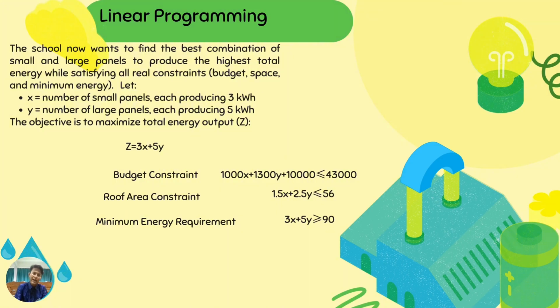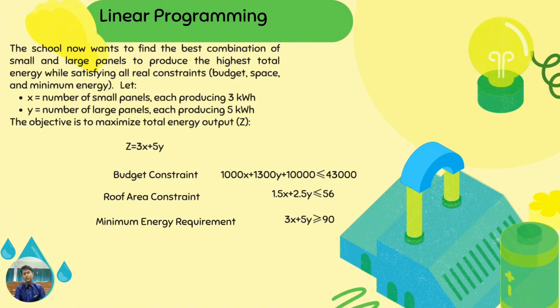We let X be the number of small panels, each producing 3 kilowatts per hour, and Y the number of large solar panels, each producing at least 5 kilowatts a day. The objective is to maximize the total energy output.